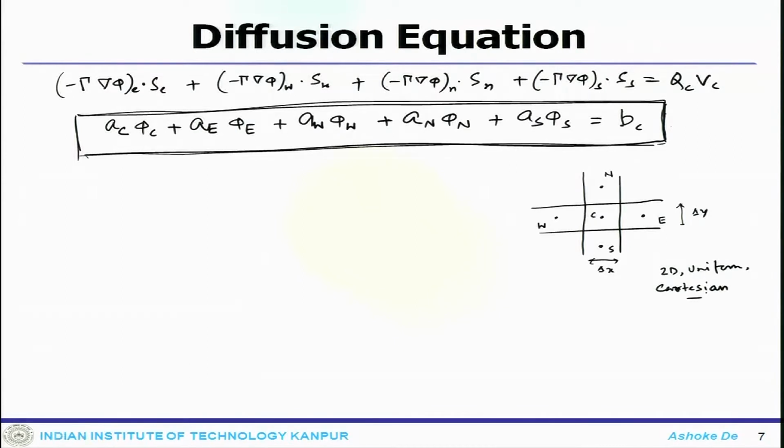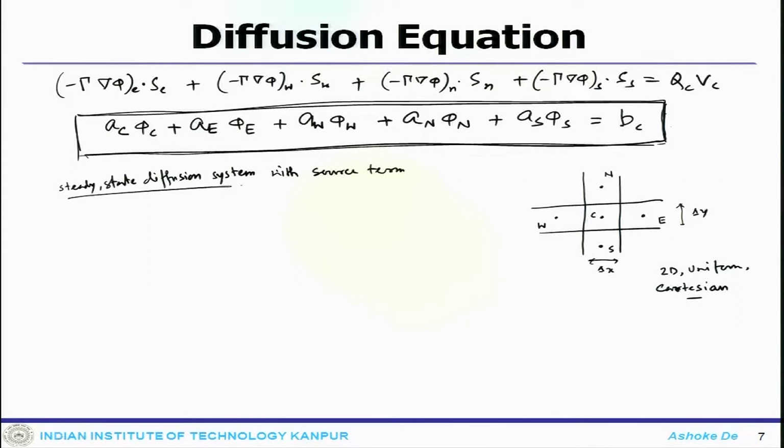This is where we started, and the governing equation that we are discretizing is the steady state diffusion system with source term.